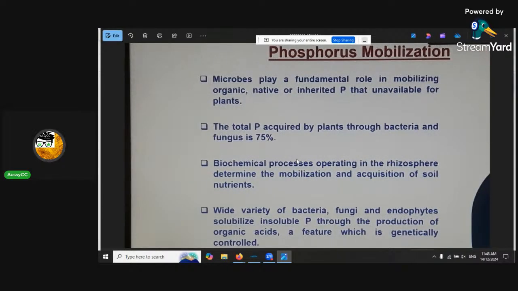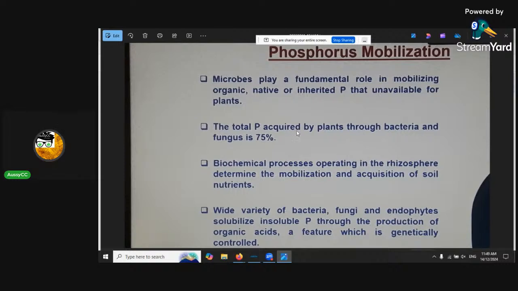Phosphorus mobilization. The phosphorus acquired by plants through bacteria and fungus is 75%. So if you poison your substrate, if you use sodium or hydrogen peroxide, things like that in your substrate for other things, well, consider this fact.